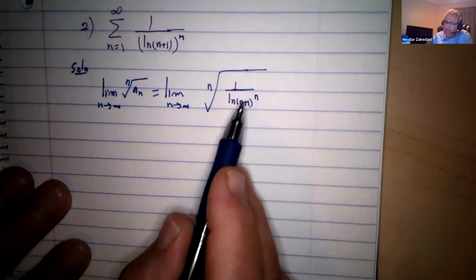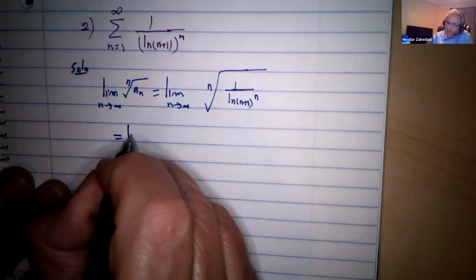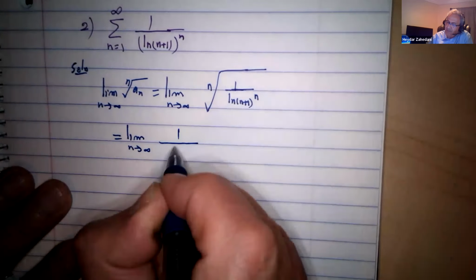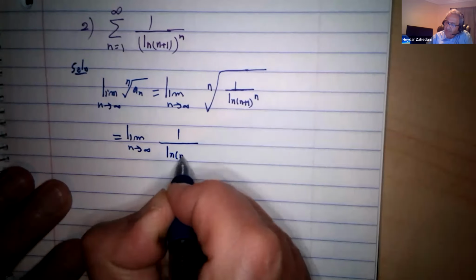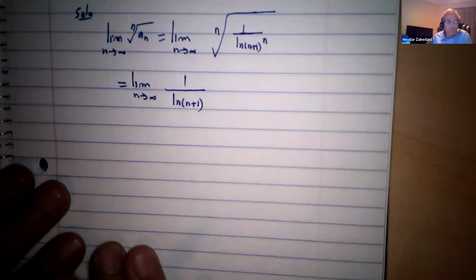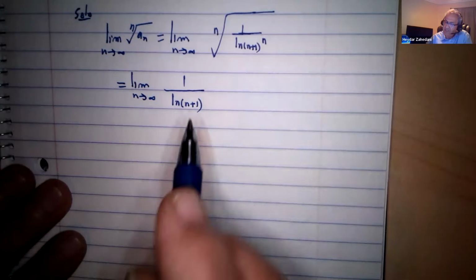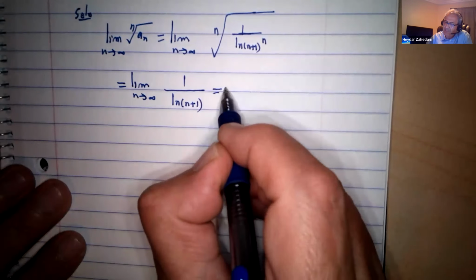So n and n disappear. That gives the limit as n goes to infinity of 1 over ln of n plus 1. When n goes to infinity, the denominator would be infinity. Ln of infinity is infinity, so this would be like 1 over infinity. It's going to be 0.